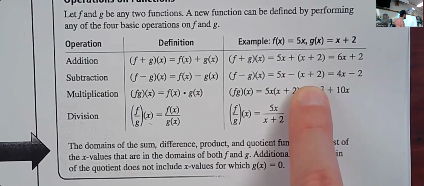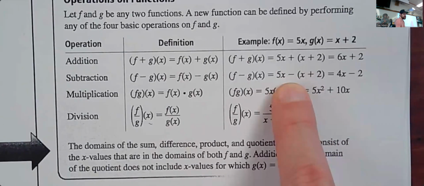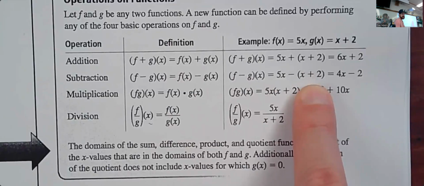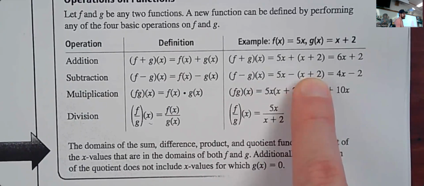What is it? -1. So if you subtract an entire function from another one, and you saw this in polynomial subtraction back in Algebra 1, if you subtract a polynomial from another polynomial, that negative needs to be distributed in order for that to work. And so same thing happens here. Whatever your first function is, subtract the entire second function, meaning subtract every piece of that second function.